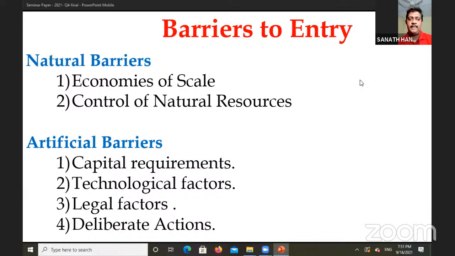Therefore, most of the markets are competitive in a market economic system.